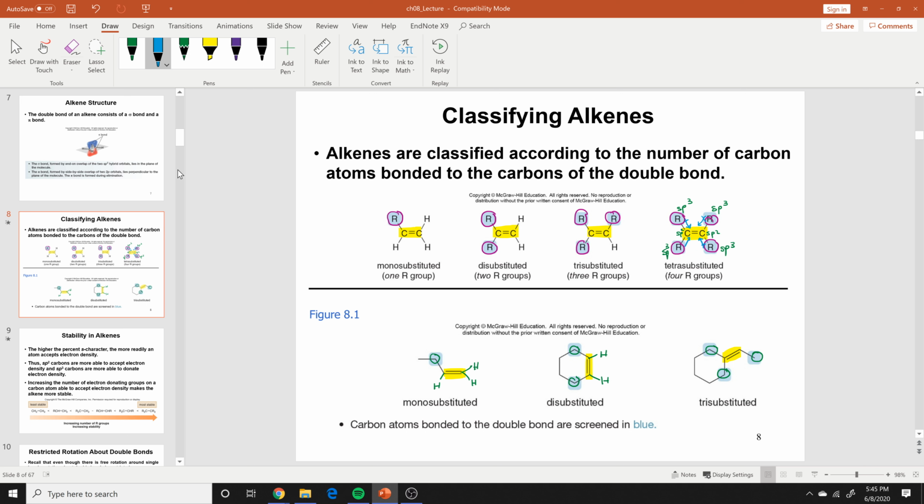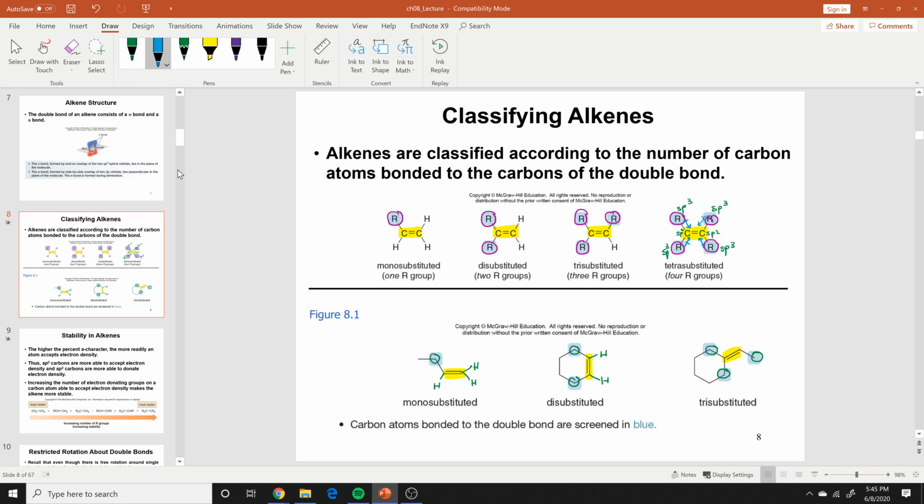Now remember, we don't want the electrons to be centered in one area. We want the electronic cloud to spread throughout the whole structure, for the structure to be more stable. Now here in this case, each of these sp2 hybridized carbons is pulling the electrons.